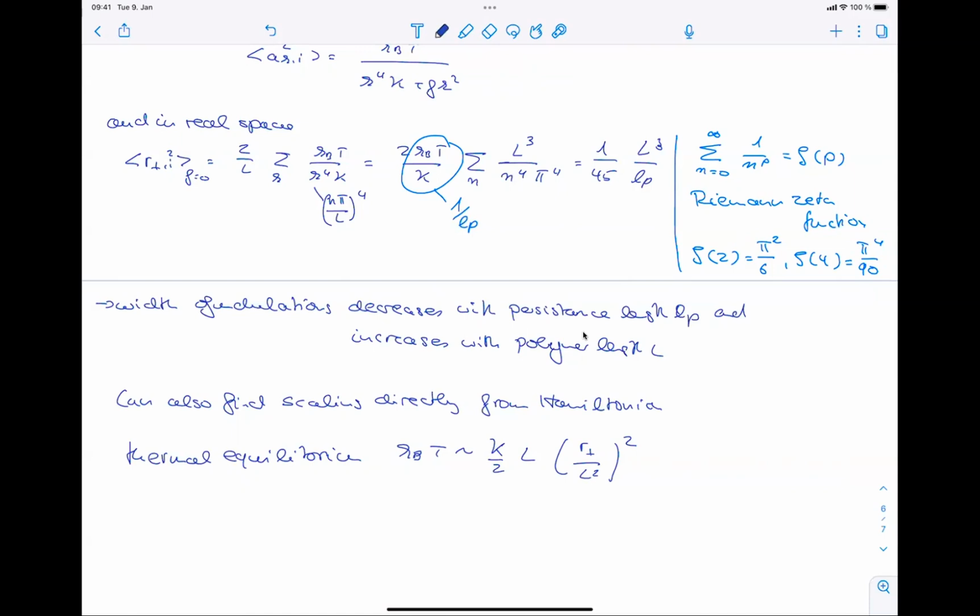And then this says, if we rearrange terms, that undulations squared should be proportional to L cubed over L_P. The scaling comes out. It's only the prefactor that we need to match for.